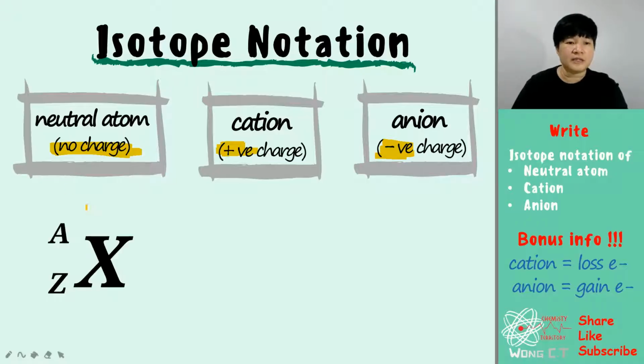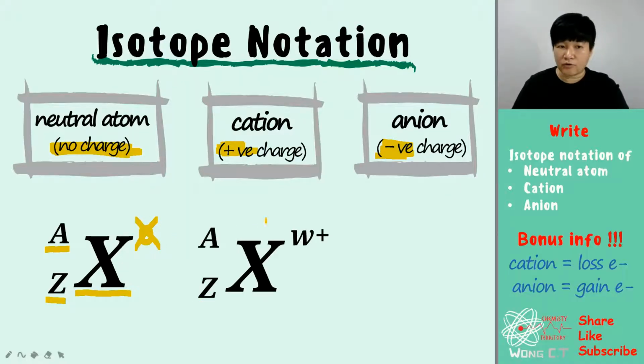For the neutral atom, it will look something like this, where your X is your element symbol, with the proton number and nucleon number. No charge is a 0, and since it's a 0, we do not need to write the 0. Do not write the 0. While for the cation, you can see that everything remains the same, but you have the charge.